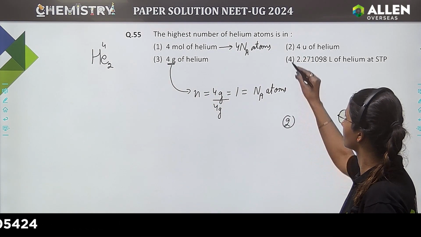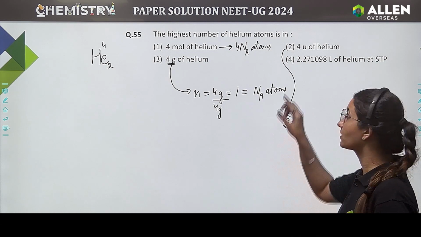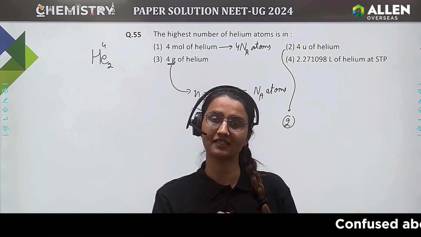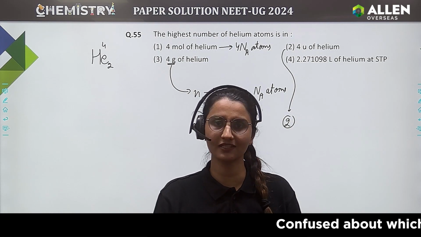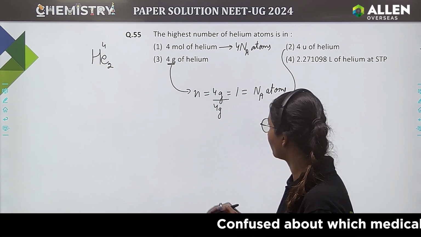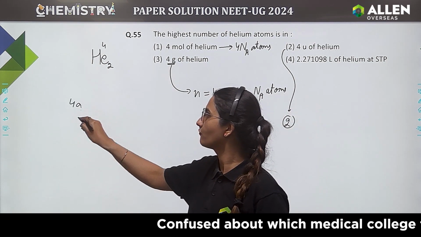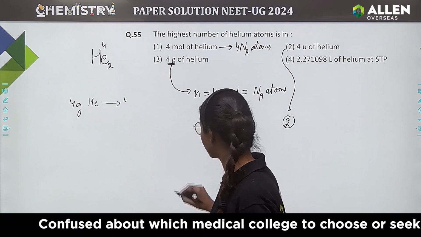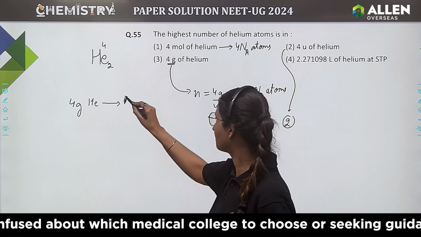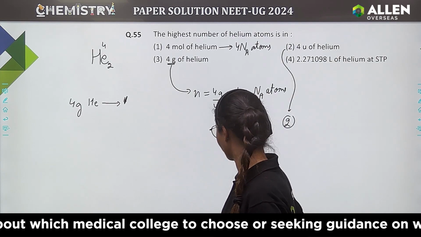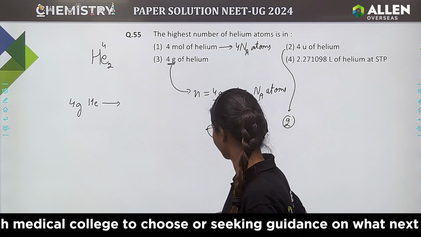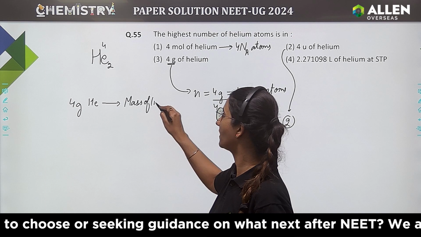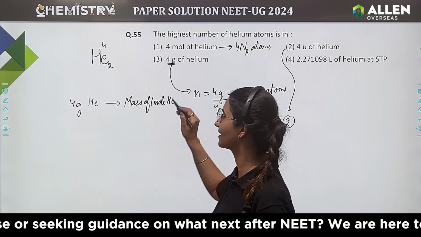Second option. Students, u. What is u? u stands for unified mass. It is the same as atomic mass unit. Value is the same, right? We know that, students, this is a concept. 4 gram helium is the mass of 1 mole of helium.